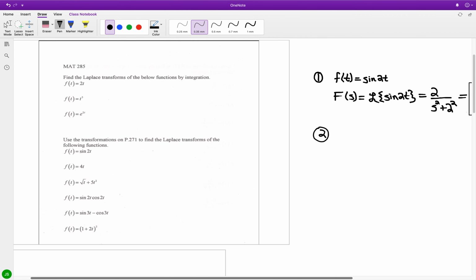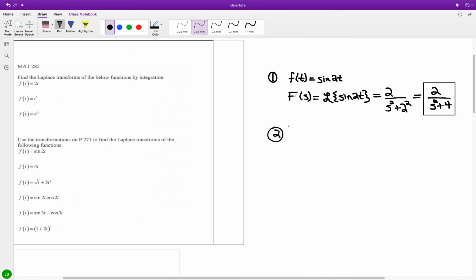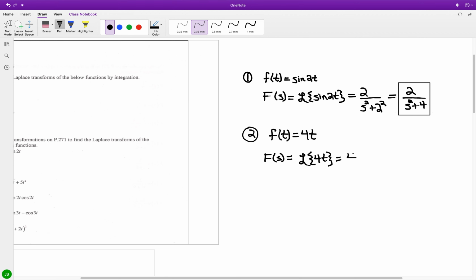For the next item, say we have f of t is equal to 4t. So you have a multiple of t. Now for the Laplace transform of 4t, since 4 is a constant, I can say that I have 4 times the Laplace transform of t.